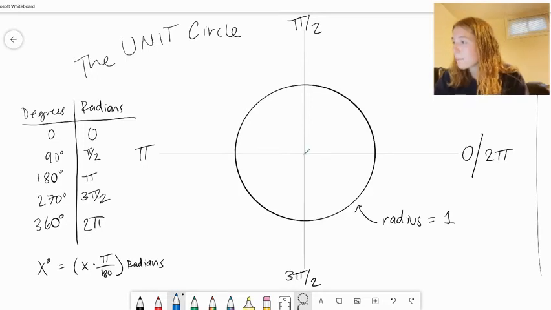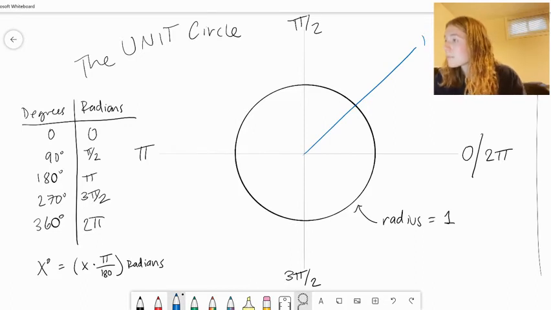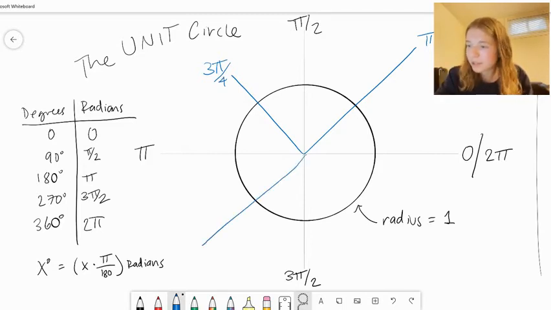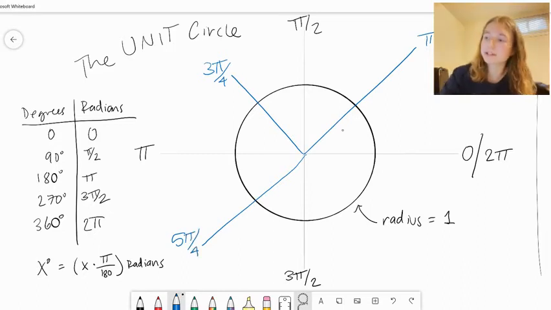Let's say pi over 4 is here, and then pi over 2, which we've already labeled. 3 pi over 4 is over here. And then we can go on, and down here is 5 pi over 4, since this one here is 3 pi over 4.